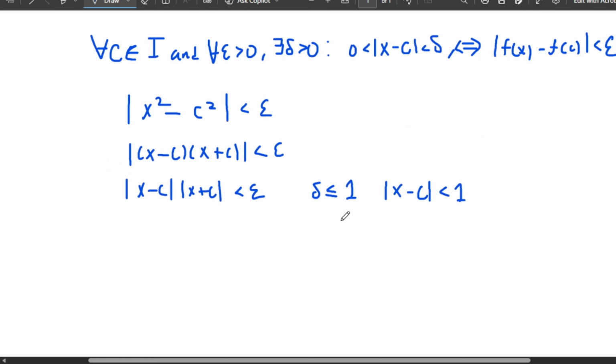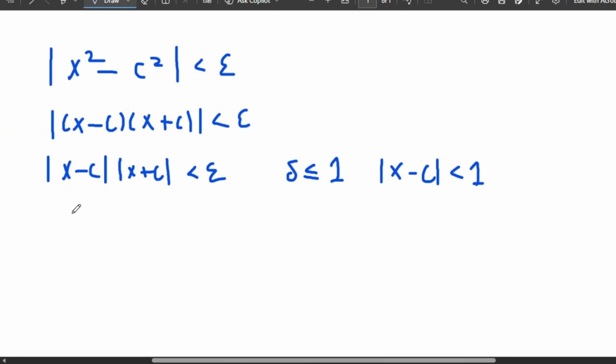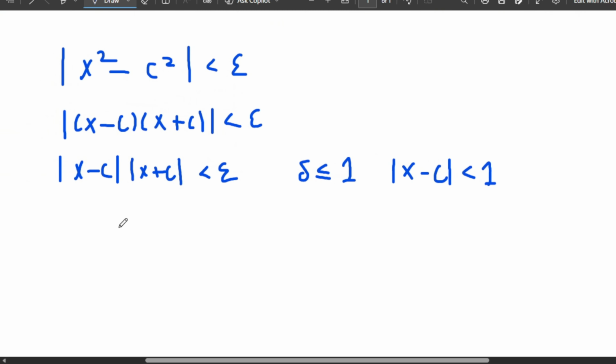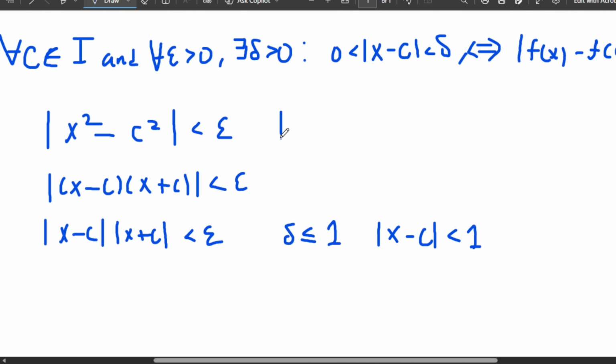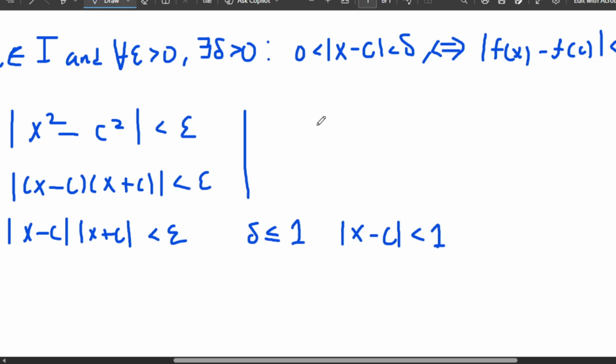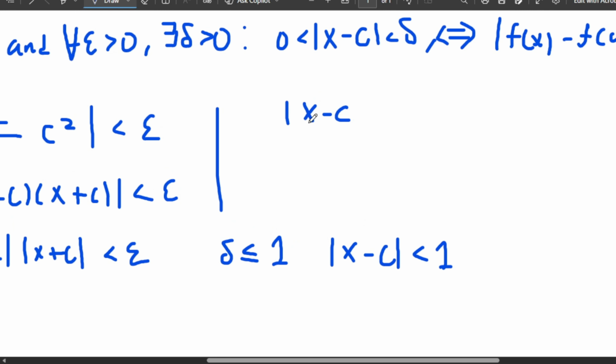Using that, x minus C must be between -1 and +1. That's the definition of the absolute value function.